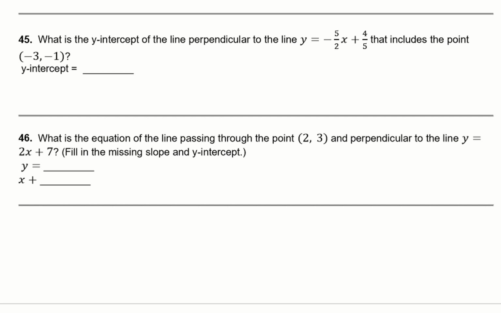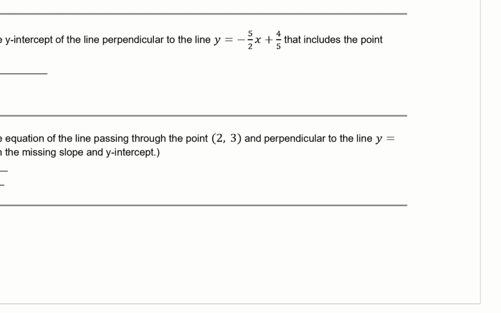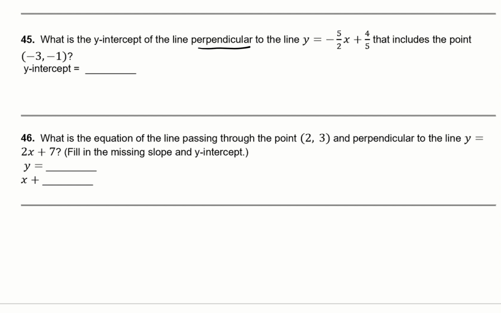What is the y-intercept of the line perpendicular to the line y equals negative 5/2 x plus 4/5 that includes the point (-3, -1)? So now we're dealing with questions involving equations of lines. If we want a line that is perpendicular, remember that you're looking for a line with a slope that is the opposite reciprocal of the original slope of the line.